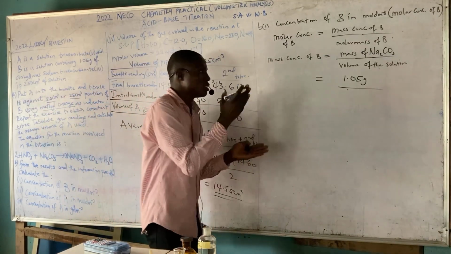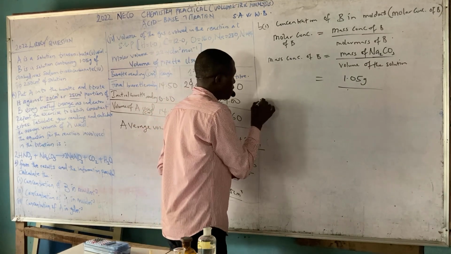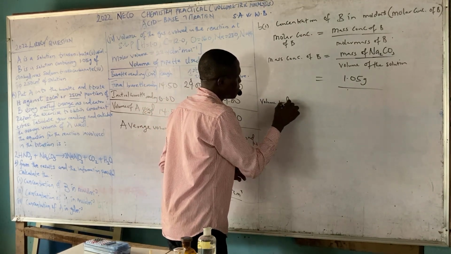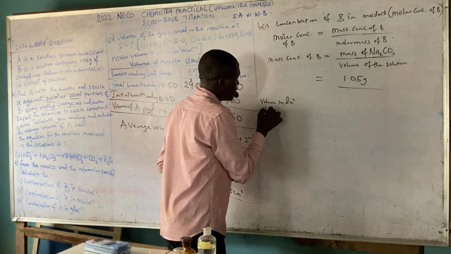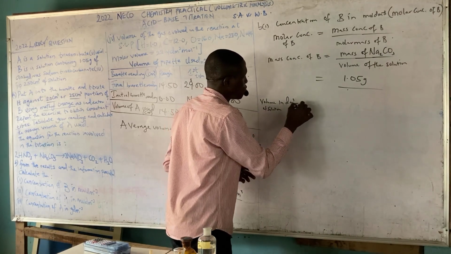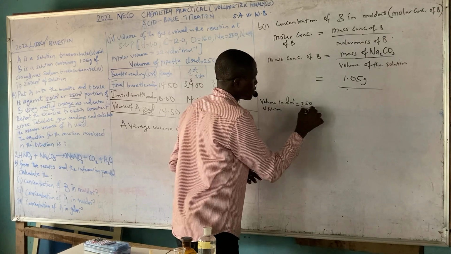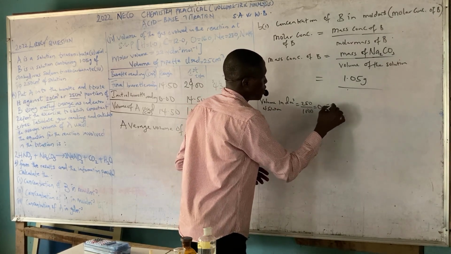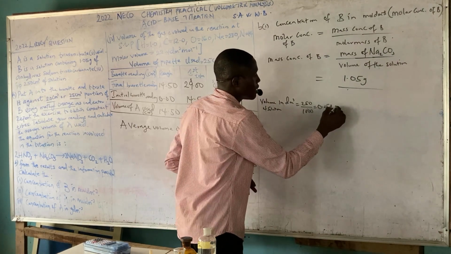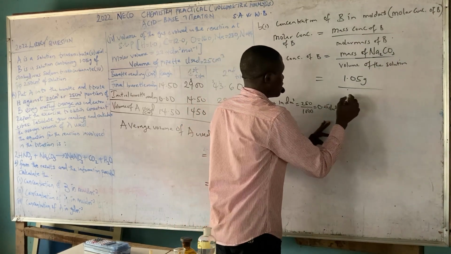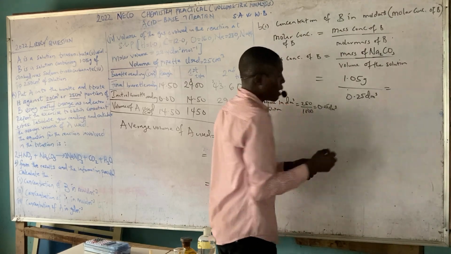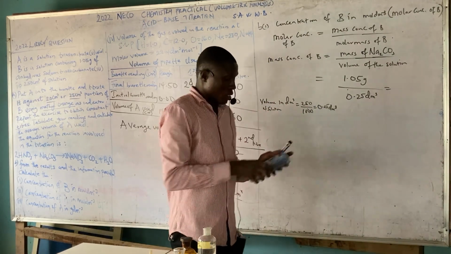Converting to dm cube, 250 divided by 1000 is 0.25 dm cube. So bringing 0.25 dm cube into this formula, your mass conc will now be what?